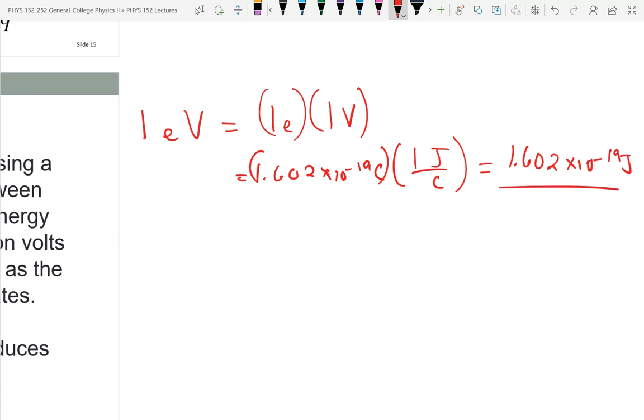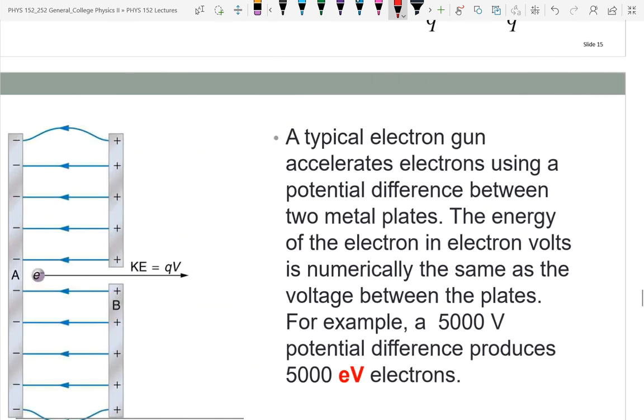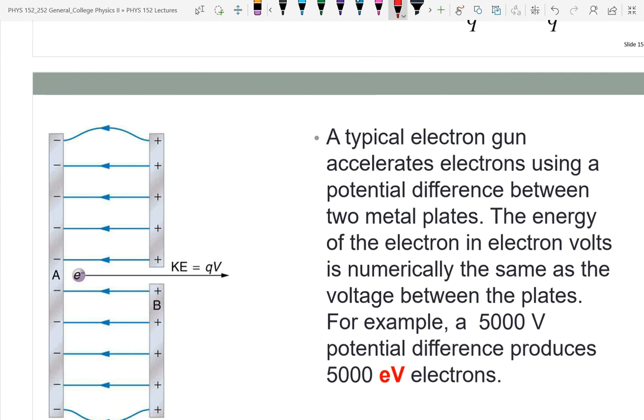So it's a standard energy unit if you think about it. Why do we use it? Because it's really simple. If I have a charge and the charge goes through a voltage difference, then change in potential energy is Q delta V. Change in kinetic energy is minus Q delta V. And so we can just say if I have a charge of minus 1 electron go through a voltage difference of plus 10 volts, it's going to end up with a kinetic energy increase of plus 10 electron volts.